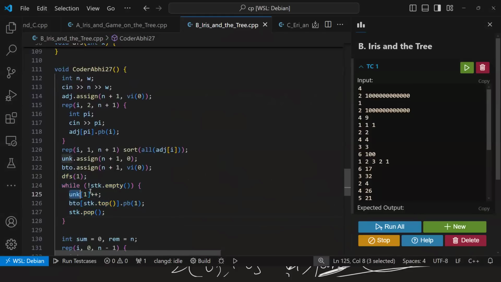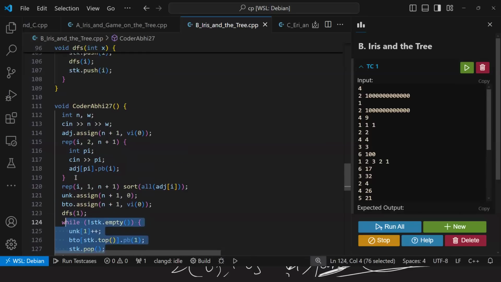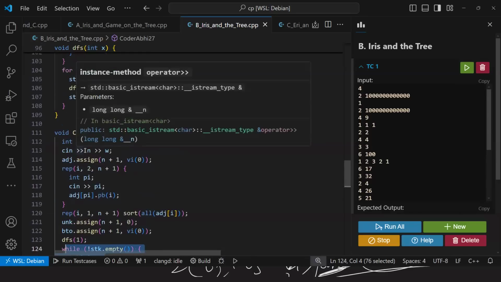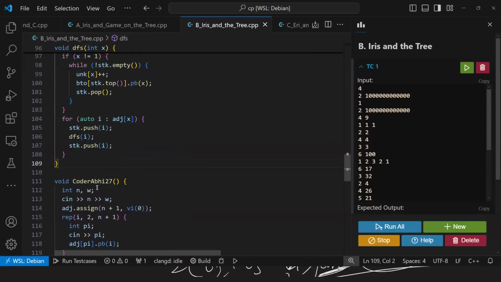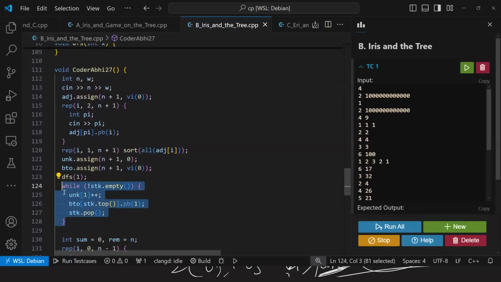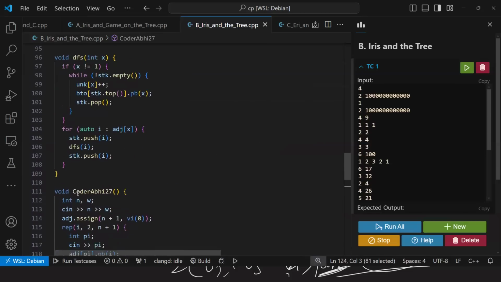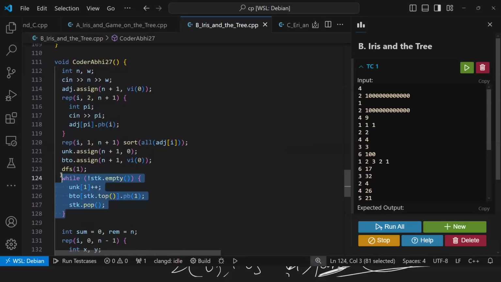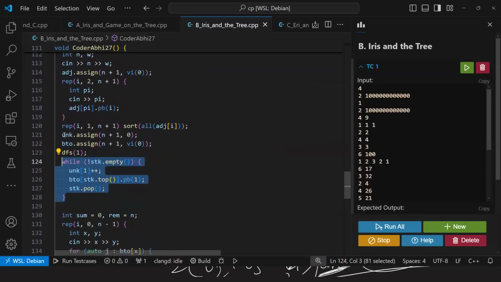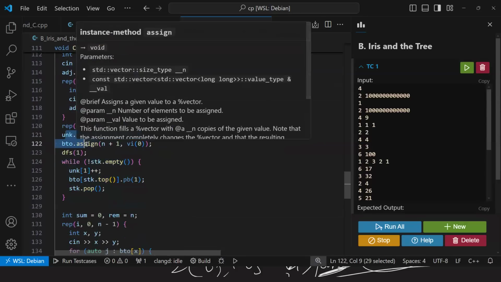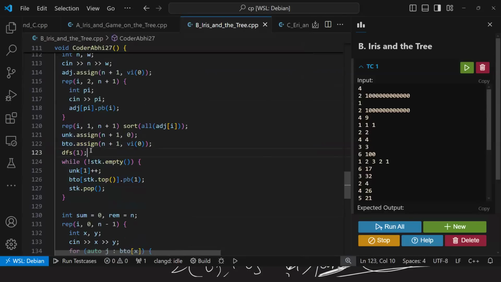There I would store unknown of 1 and push back 1. So this thing I'm doing separately. If you did I and I plus 1, if you take it like this, then maybe you would not have to take it separately. But here for X equal to 1, I'm doing it outside after I have traversed this whole tree. Okay, so this way I am maintaining this unknown and belongs to vectors.